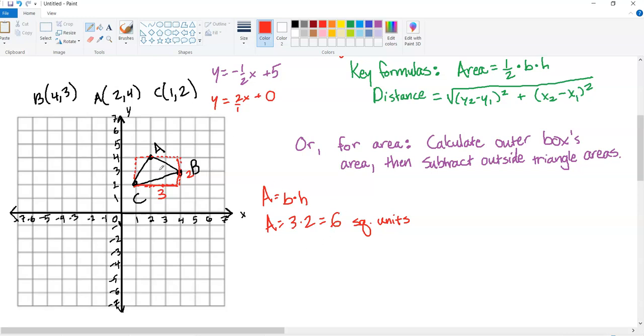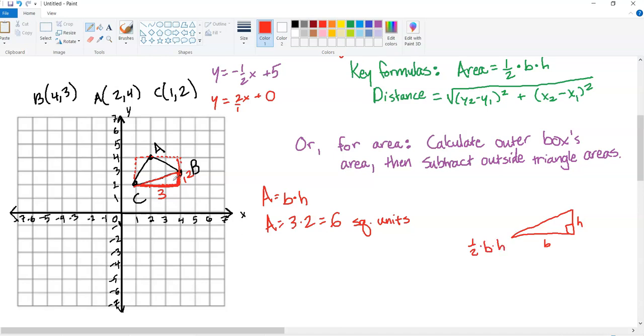Now to get the area of the actual triangle, what I'm going to do is start subtracting. Sorry, not Pythagorean theorem. I'm going to find the area of this. So when it's a nice triangle that's on horizontal and vertical, remember, our height is always perpendicular to our base, and so our formula would just be 1/2 times base times height for the area of a triangle.